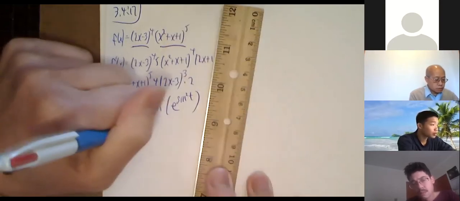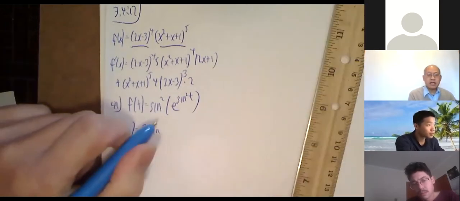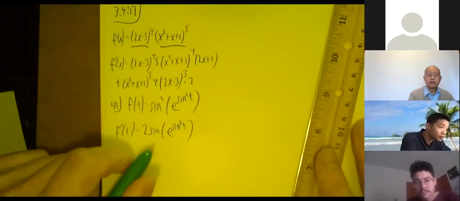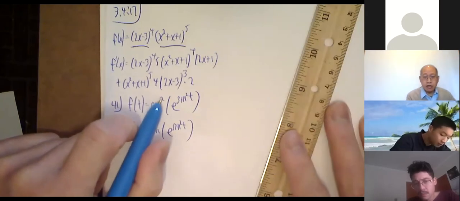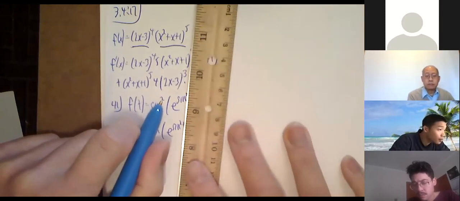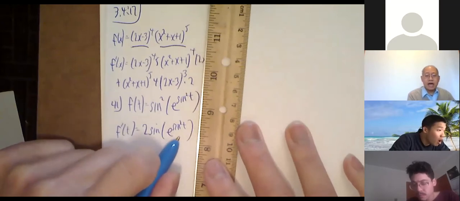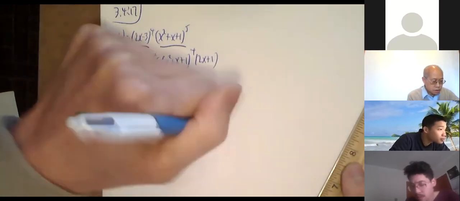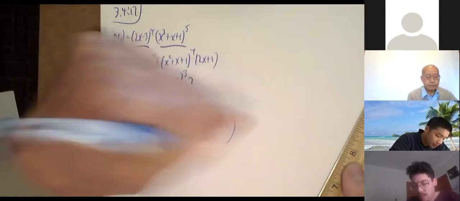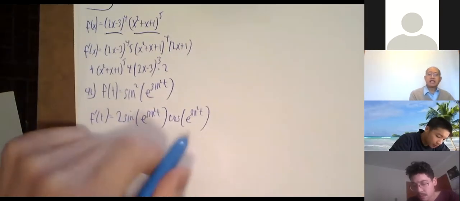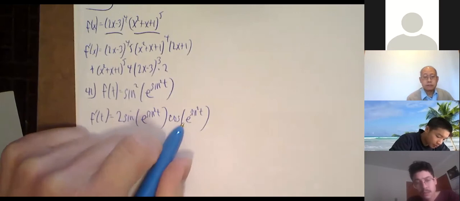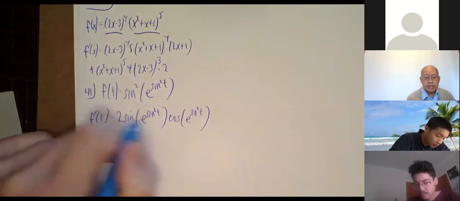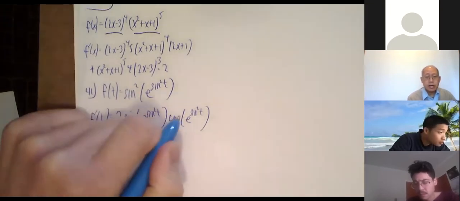Okay, so 2 sine of e to the sine squared t. That takes care of the raising to the second power. 2 sine of that. Then by the chain rule, times the derivative of sine, which is cosine of e to the sine squared t. And now it's times the derivative of the inside function. So outermost is squaring, then sine, the derivative of sine is cosine, times the derivative of the inside.